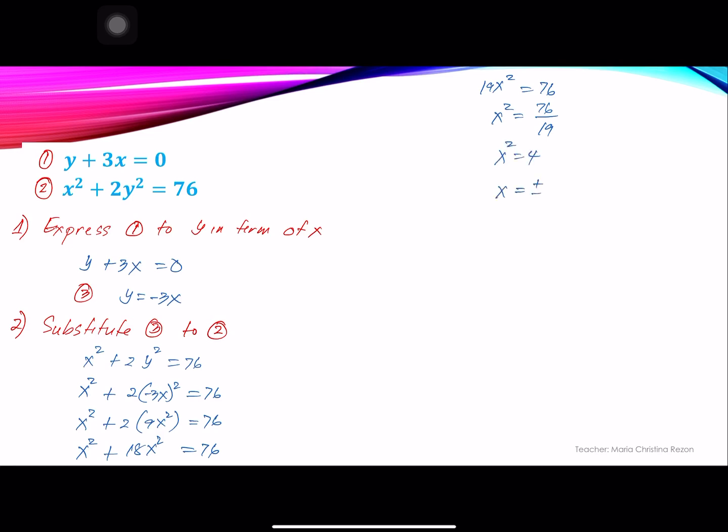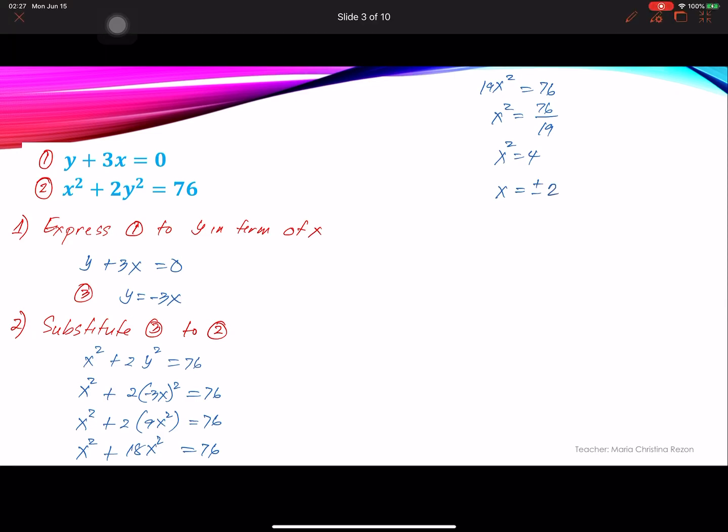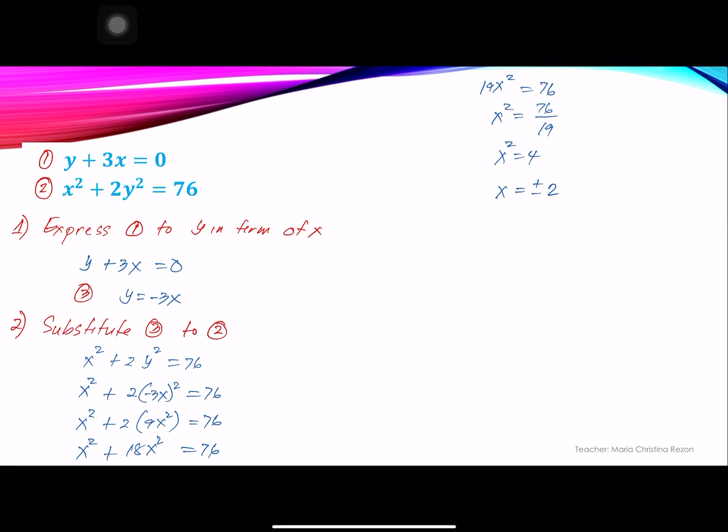So x is equal to plus or minus 2. And then with that value of your x, the third step is substitute this value, x is equal to 2 or x is equal to negative 2, to equation 1.